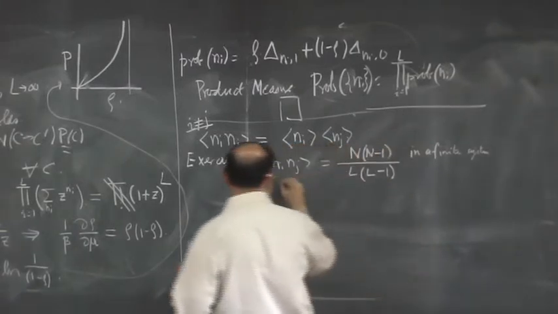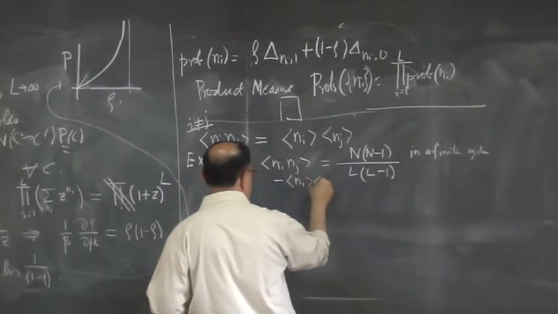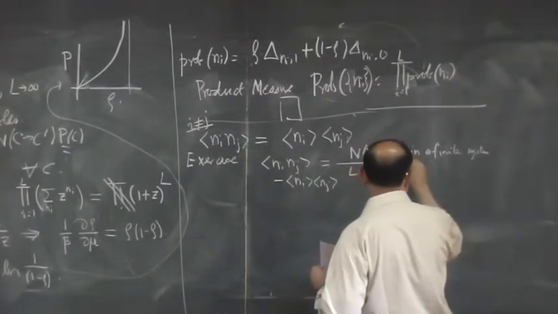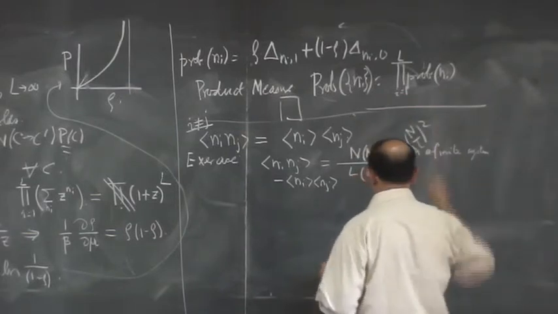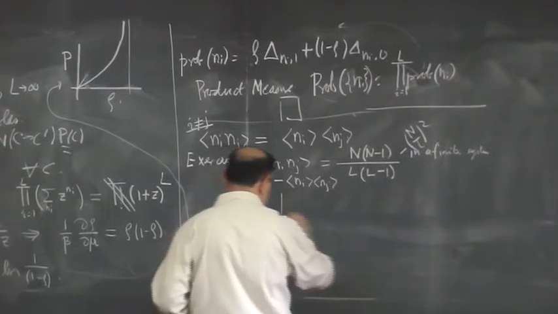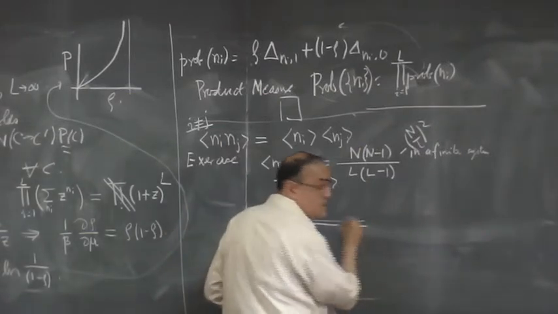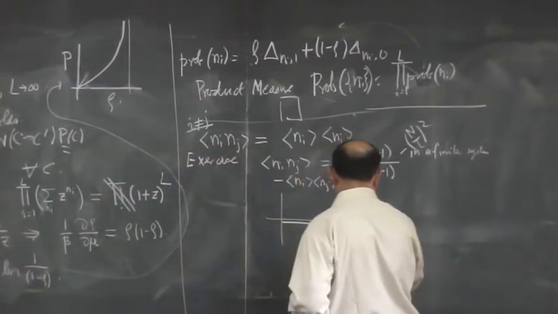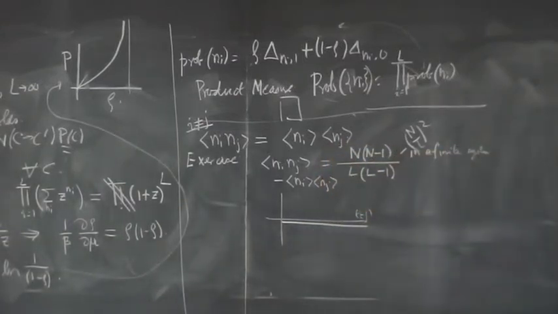So if you subtract off the average of N_i times the average of N_j, then that will of course be this minus (N by L) the whole squared. And if you plot this function, what it says is that it is negative everywhere as a function of i minus j. It's the same value and it's negative. Why is it negative?